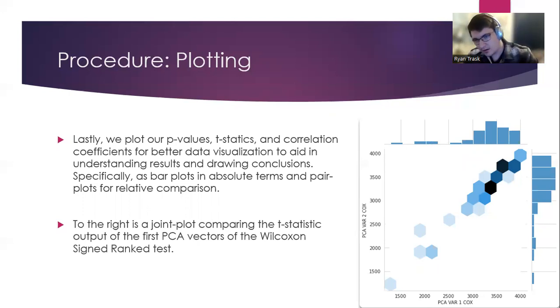I see a strong positive correlation between those. That means the data did not change that much across PCA vectors, and that's a good sign. That means the statistical test and the PCA are working for this one.